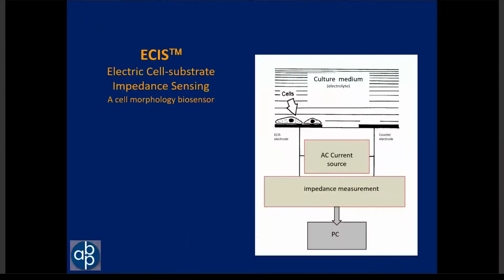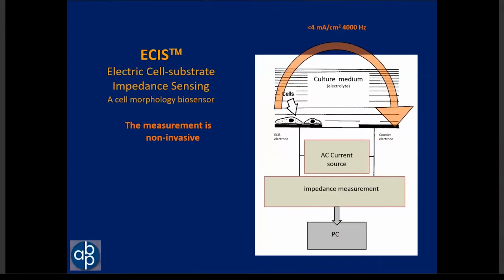When we make the measurement, we apply a very weak AC signal normally. This is because we want the measurement to be non-invasive. Currents are in the microampere range, and the voltage drop across the cell membranes is only a few millivolts, and usually this is oscillating back and forth several thousand times a second, and so the cells are unaware of this measurement taking place.